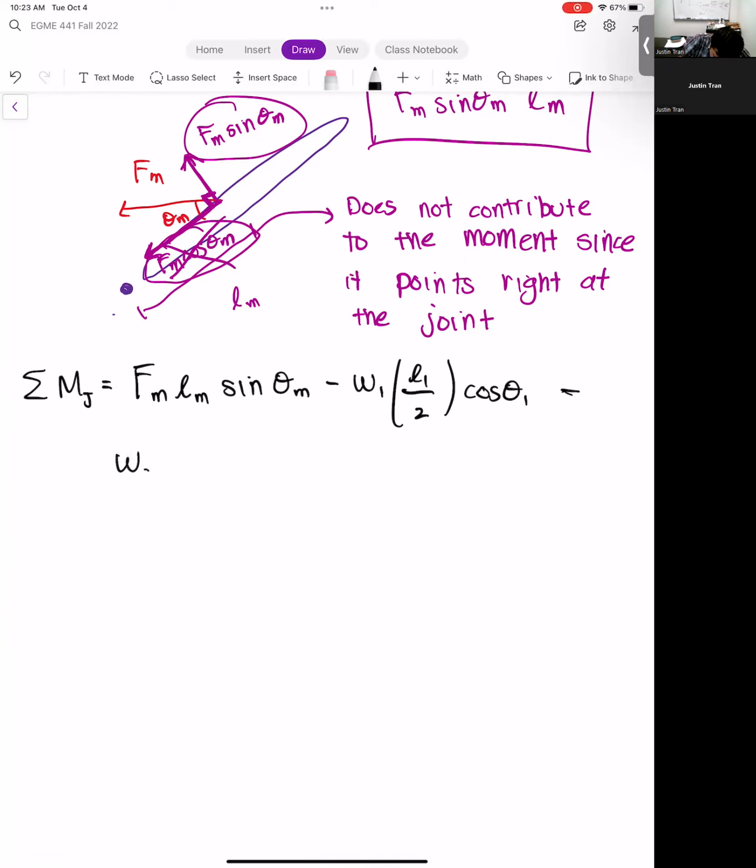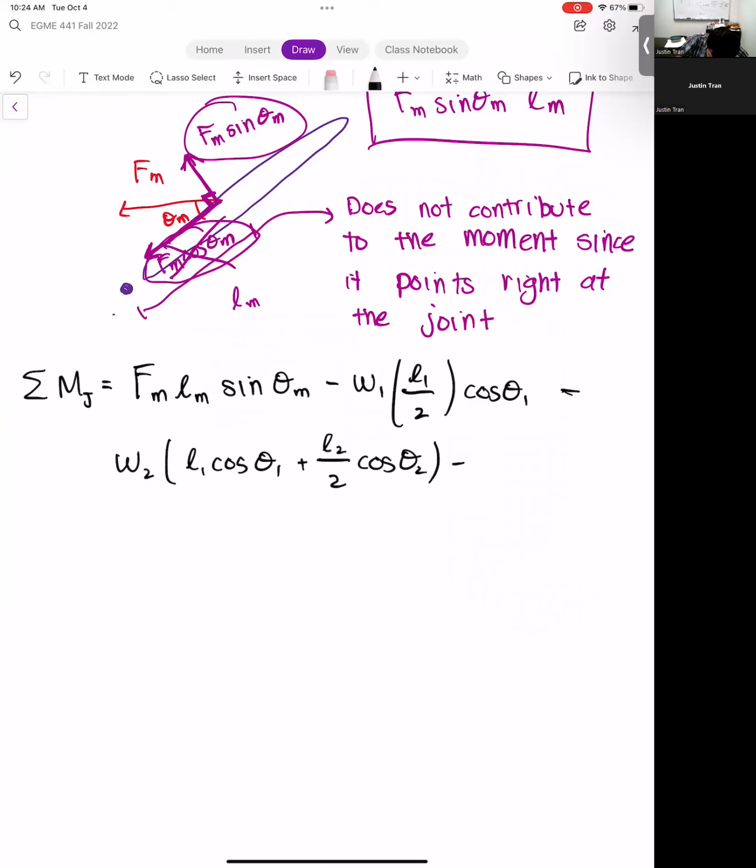Then we have W2 multiplied by its moment arm. So that's L1 cosine theta 1 plus L2 divided by 2 cosine theta 2. And then lastly, we have the weight at the end of the arm. So this is one that we didn't explicitly compute, but it follows the same logic.